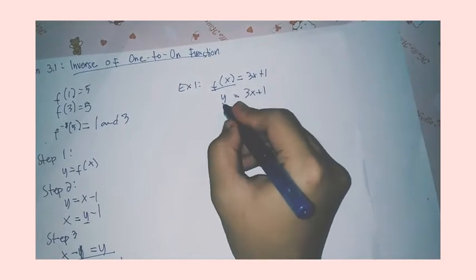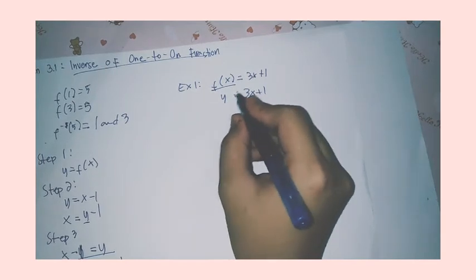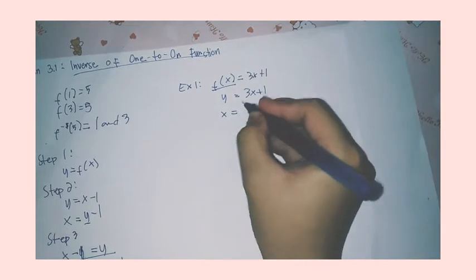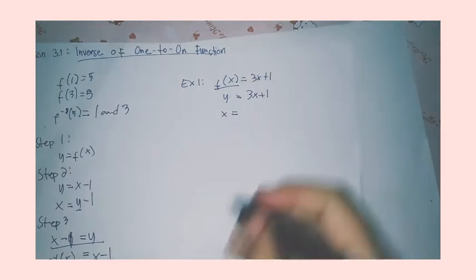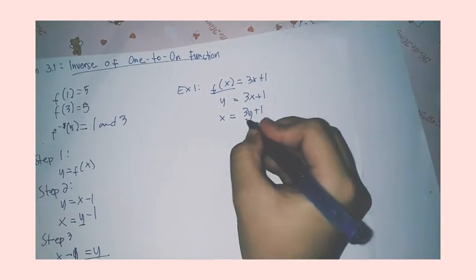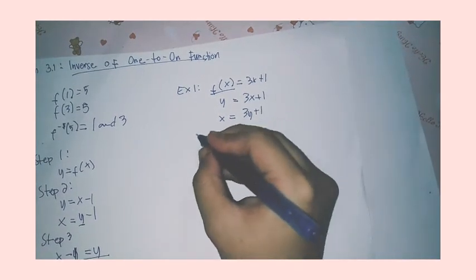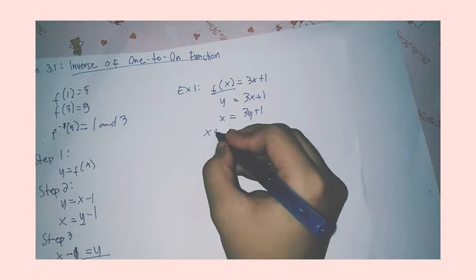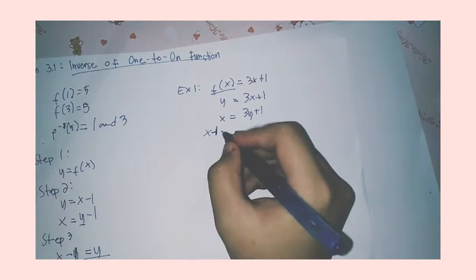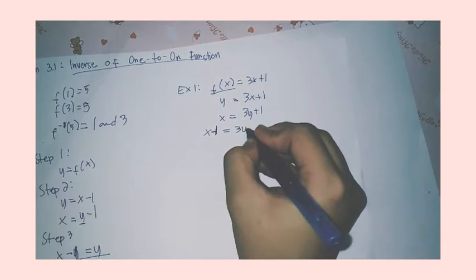Then interchange the y and x variables. x is equal to 3y plus 1. Then transpose the positive 1: x minus 1 is equal to 3y.